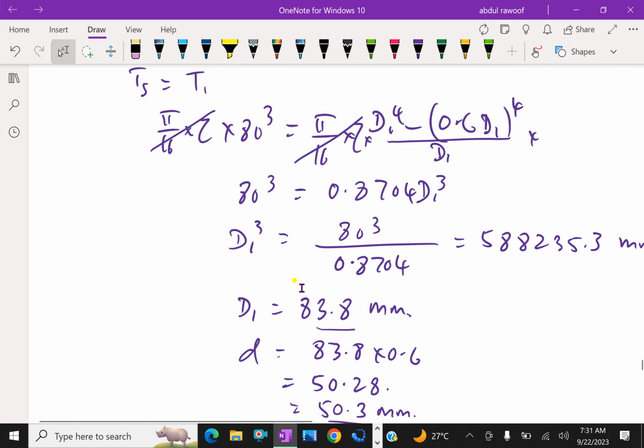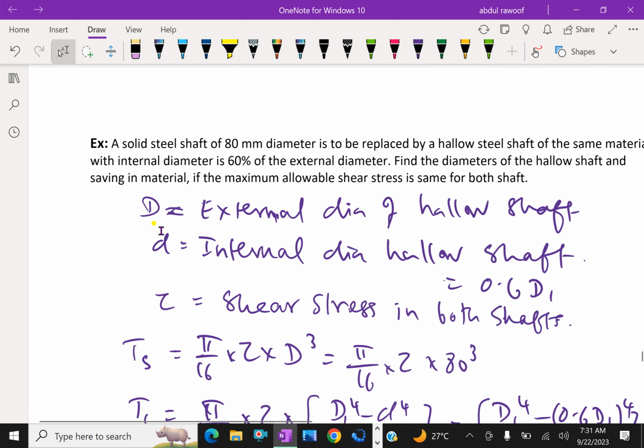Here we have to write, in the first question, the maximum allowable shear stress, the same for both, and also the saving in material.